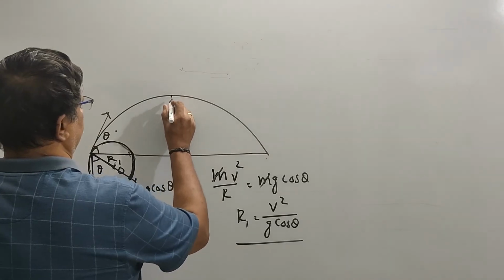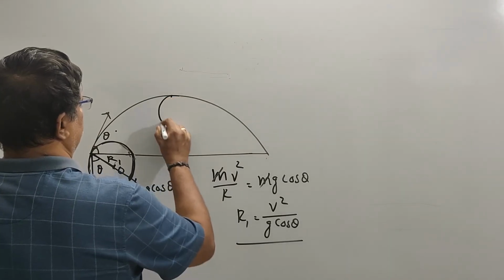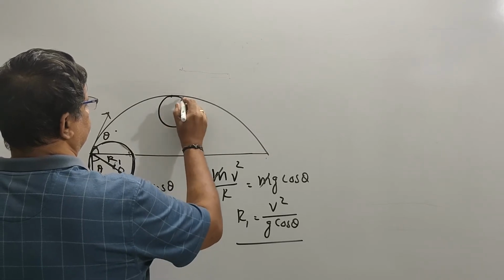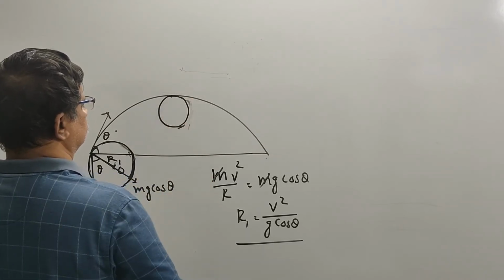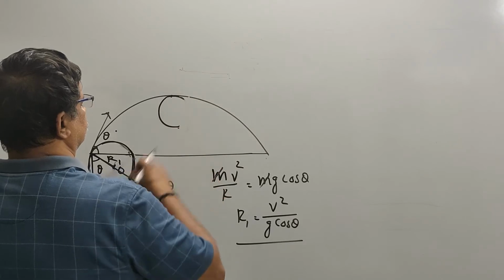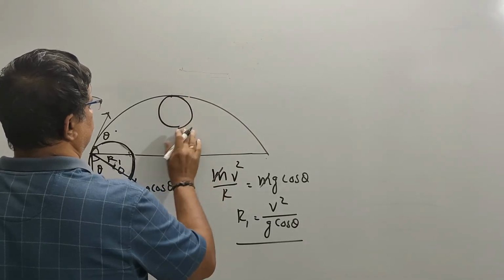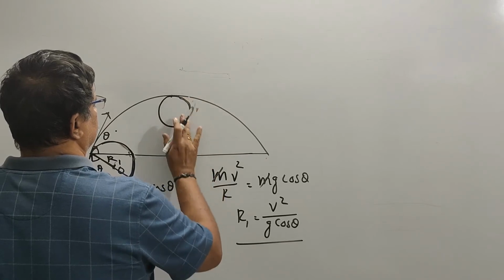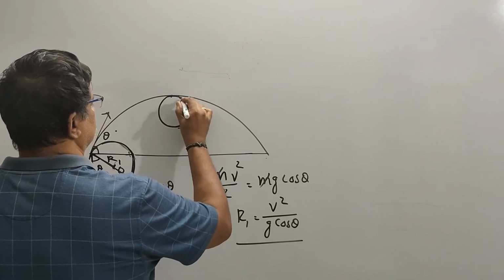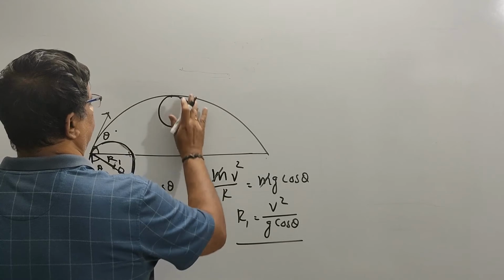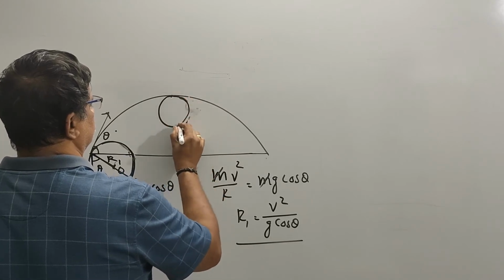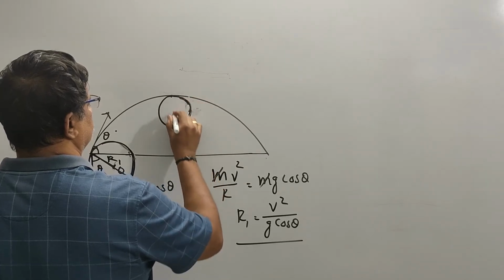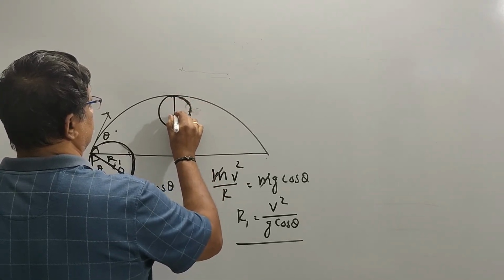Now let us go to the highest point. This is the highest point. There again I will draw a circle. So this is our circle drawn at the highest point, and we have to find the radius of curvature of this circle, that is r2.